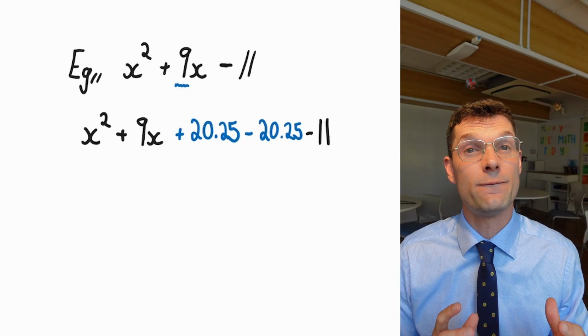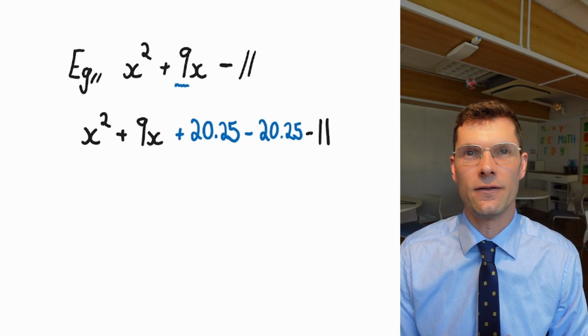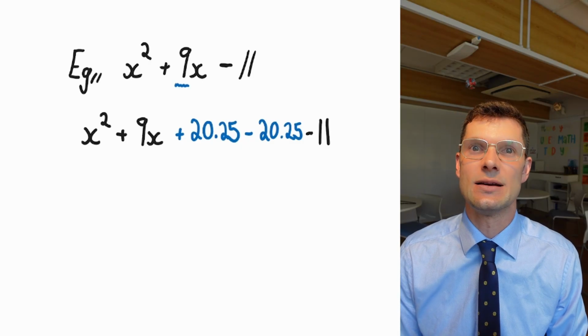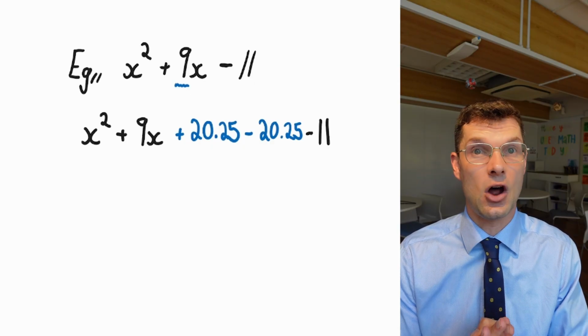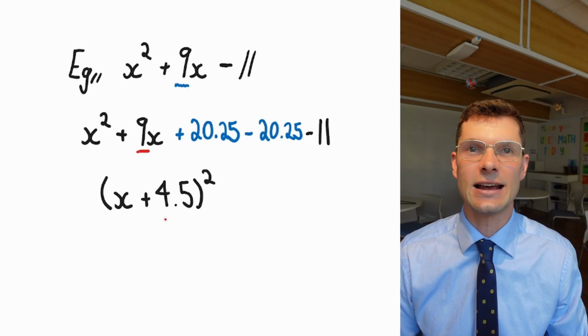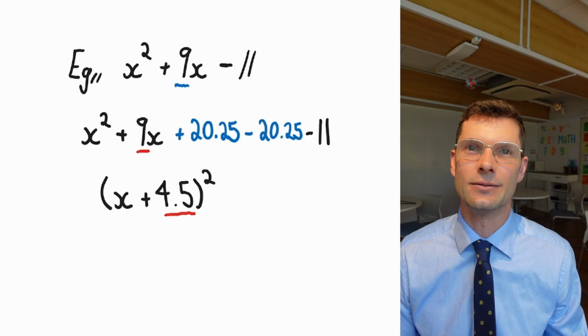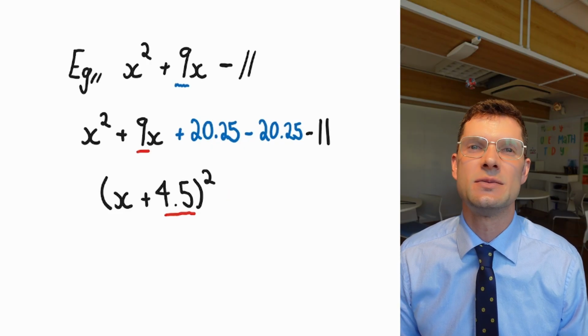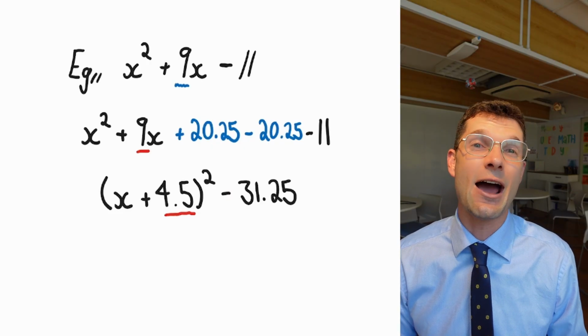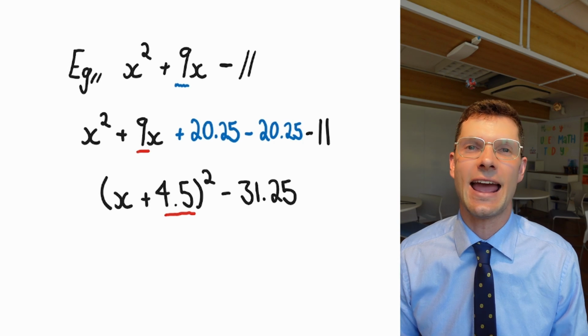So that means that my factorization of this front part of my quadratic is still really simple. I just have to use half of 9 or 4.5, so I've got x plus 4.5 all squared. So then I just have to simplify that last term, which gives me 31.25. And now I do have a difference of 2 squares that I can do.